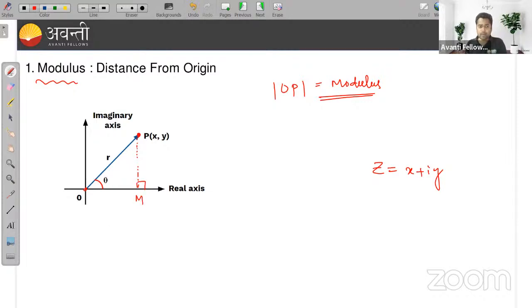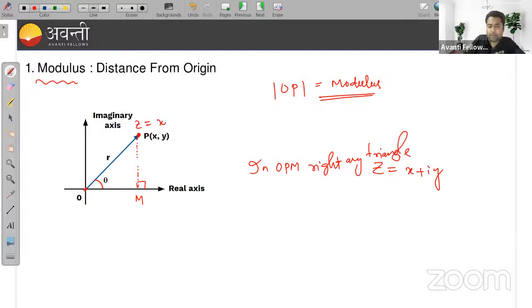Here you are getting a right angle triangle OPM. If you use the Pythagoras theorem, the point is z equal to x plus iy, that means the coordinate of the point P is (x, y), because the length of OM is x and the length of PM is y.